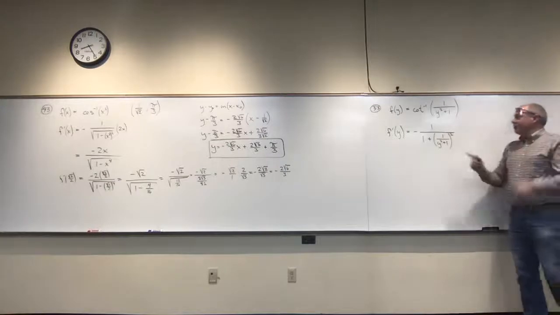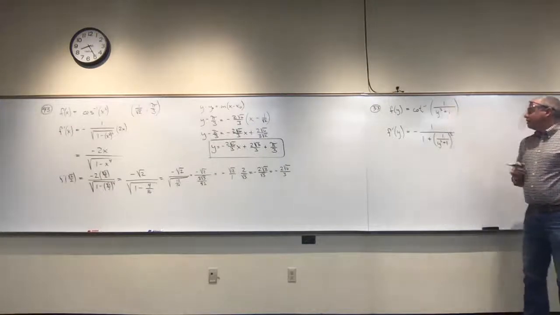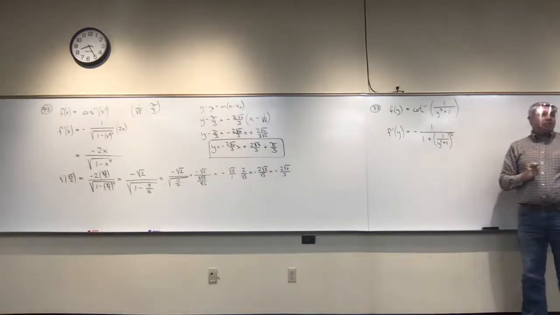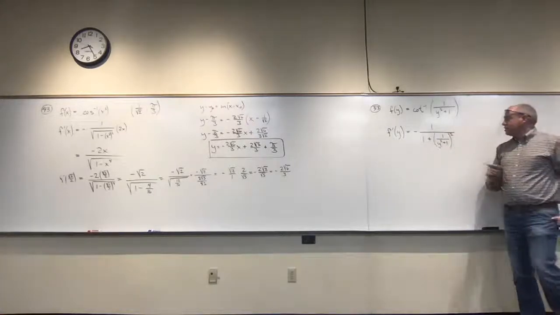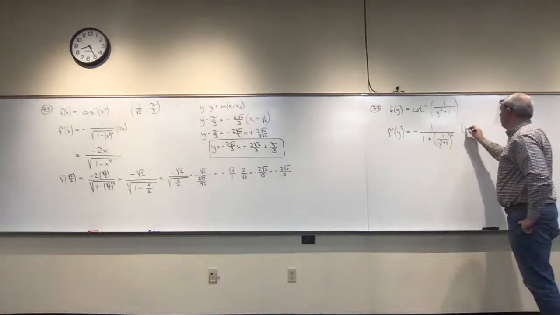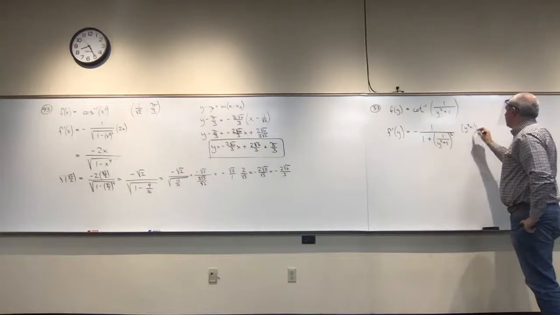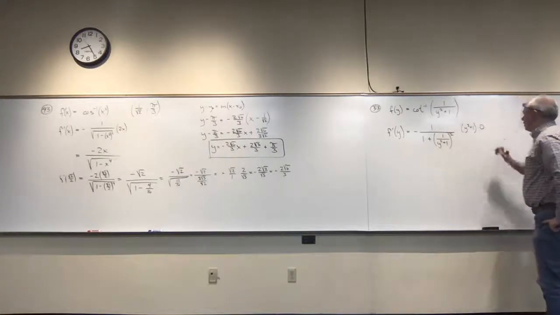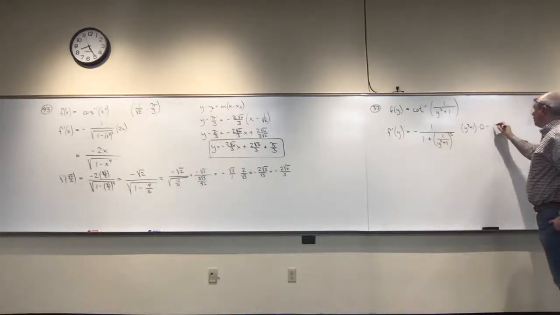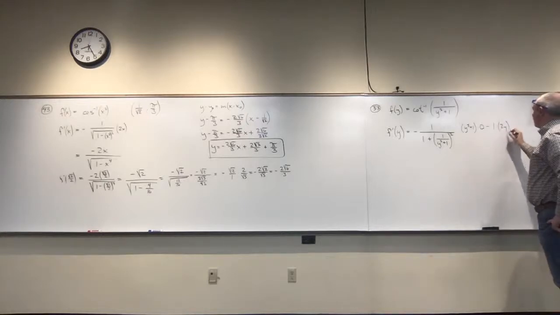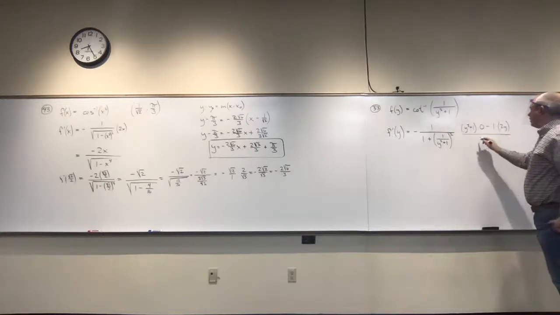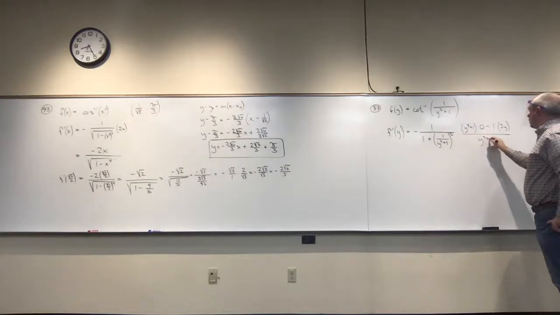But the derivative of what's inside is a quotient, so we should use the quotient rule. So we get the bottom, y squared plus 1, times the derivative of the top, which is 0, minus the top, which is 1, times the derivative of the bottom, which is 2y, divided by the bottom, y squared plus 1, quantity squared.